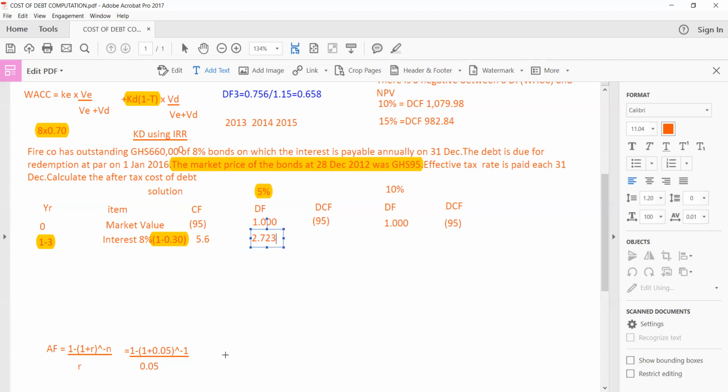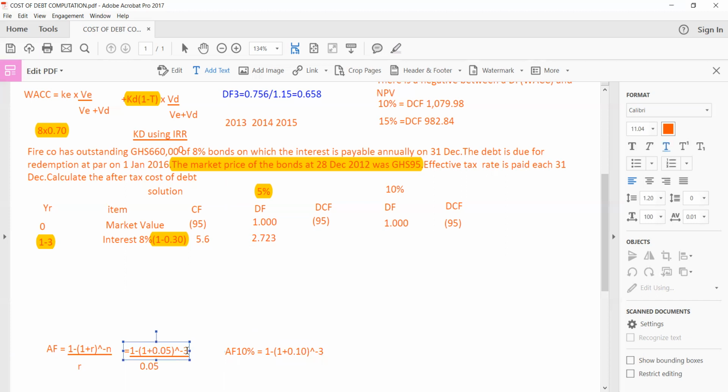Then what about the discount factor of 10%? So the annuity factor of 10% now becomes 1 minus, into brackets, 1 plus 0.10, because 10% is 0.10, to the power minus 3, because here we are looking at it for the entire 3 years.